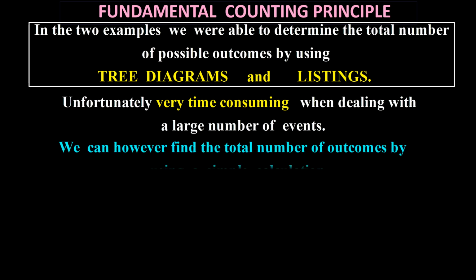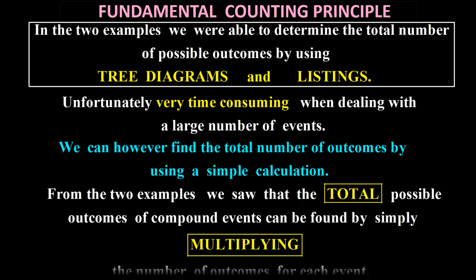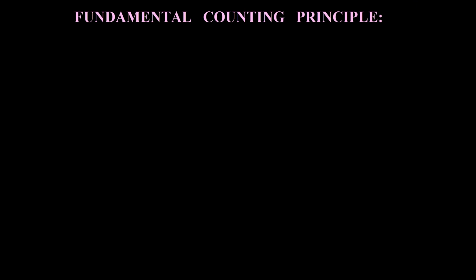But from these examples, we notice that we can find the total number of outcomes by doing a simple calculation. And what was that calculation? We just find the product of the number of outcomes for each event. Now let's go to the next slide and show that to you. Now we can deduce a rule that we can use.